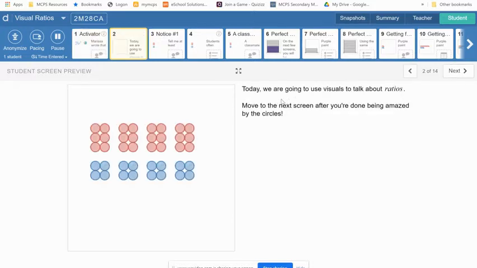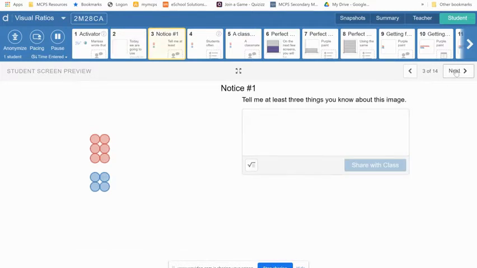Today, we're going to use visuals to talk about ratios. Move to the next screen after you're done being amazed by the circles. Tell me at least 3 things you know about this image. I see 6 red circles.